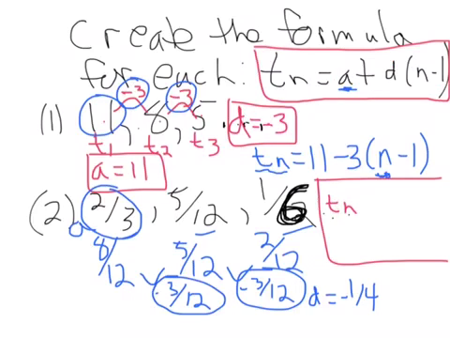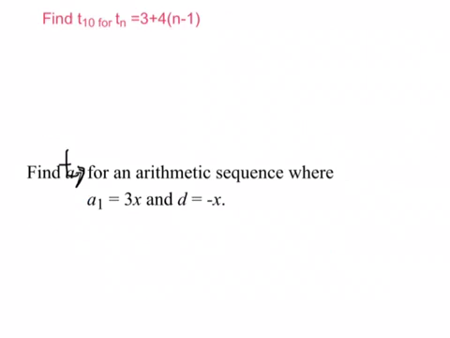So Tn will equal, it's like y equals 2/3 minus 1/4 times n minus 1. Okay, and that's the formula. So all we did on this page is come up with formulas from a list of numbers in a sequence. Let's go to the next question.